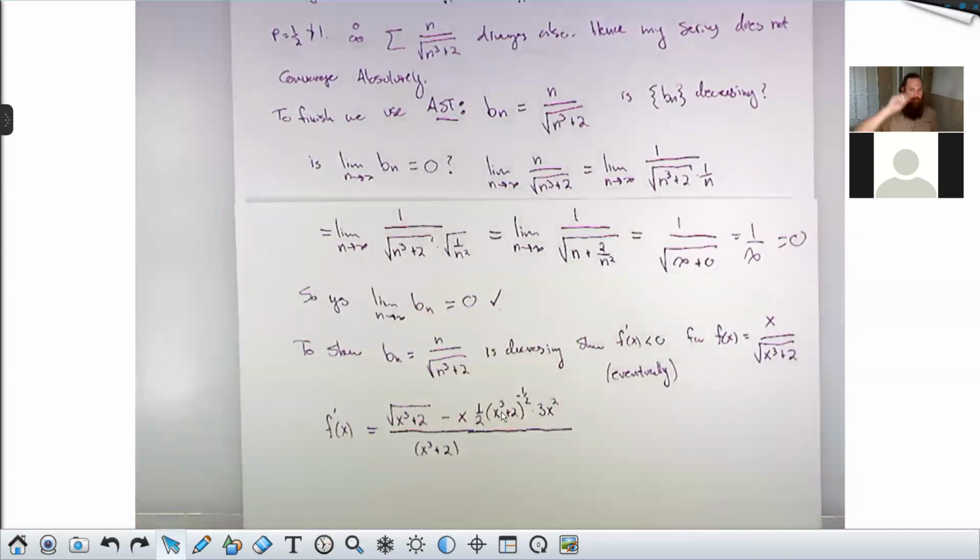It's a chain rule derivative. Your goal, whether you are willing to accept it or not, is to figure out where this thing is positive and negative.